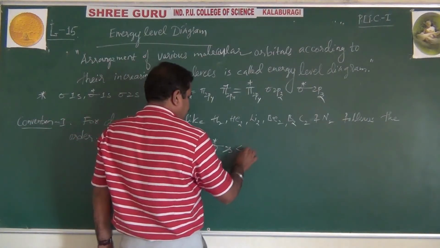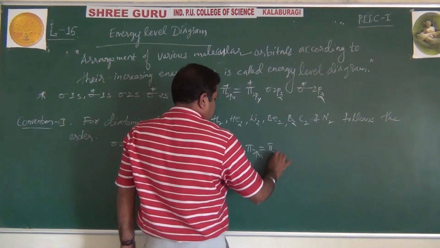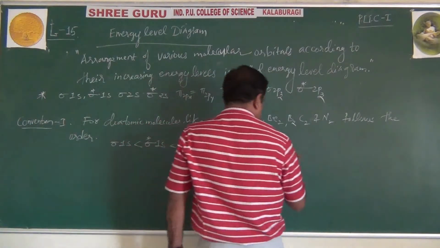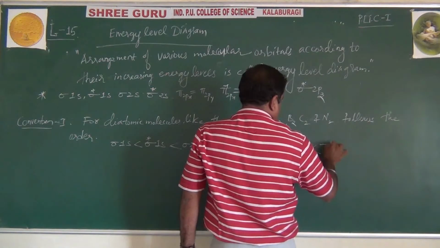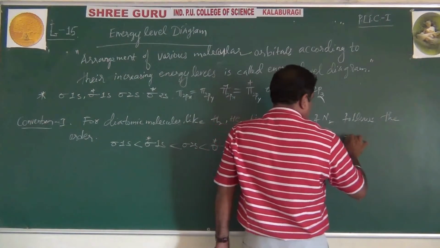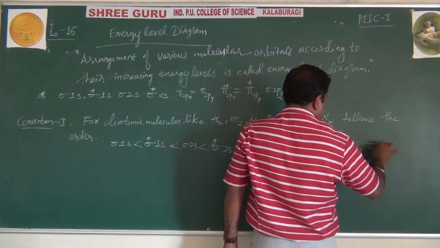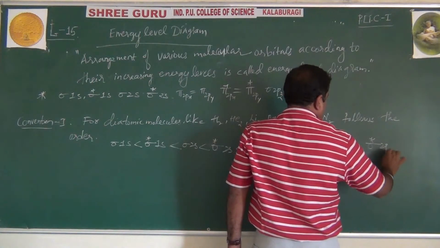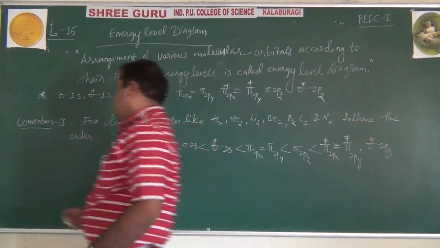Then pi 2px, pi 2py. Before this, sigma 2pz comes after them. Then pi star 2px, pi star 2py. Then lastly, sigma star 2pz. This is the first convention.